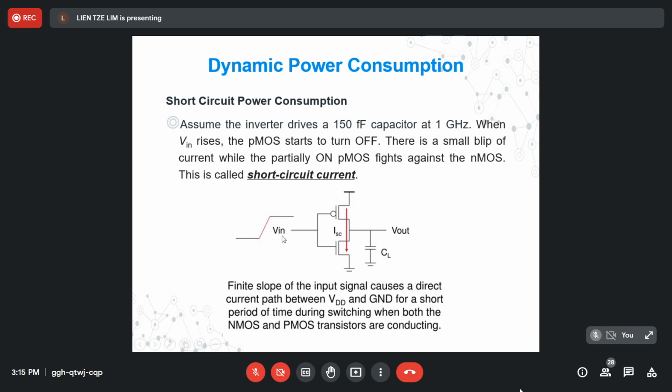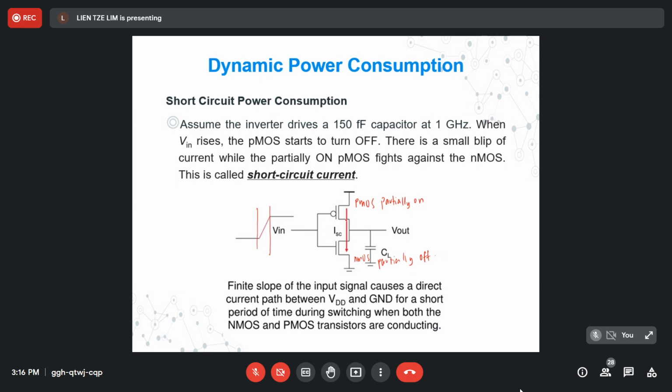And when the input voltage is increased, at this region where the input voltage is increased, the PMOS will be partially on and NMOS partially off. So here there are some conductions that occur.